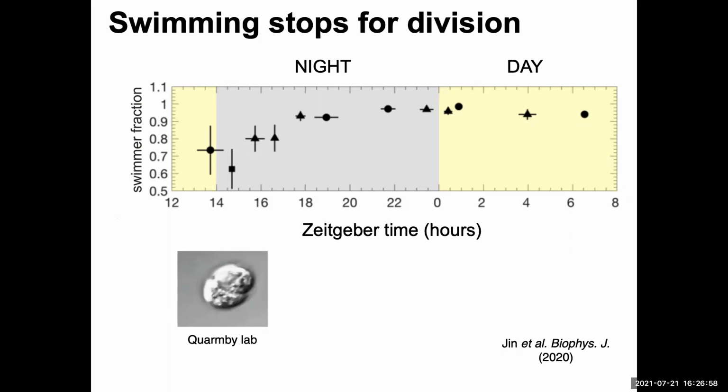So the cell is doing a nice little piece of recycling. And as the cells stop swimming, the fraction of swimmers goes down. It doesn't go down to 0 because there are always some cells that are swimming, since these processes don't happen all at exactly the same time.